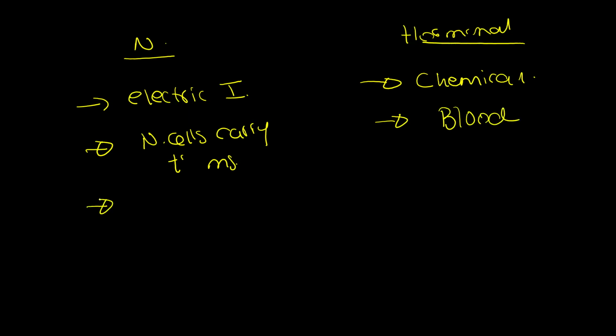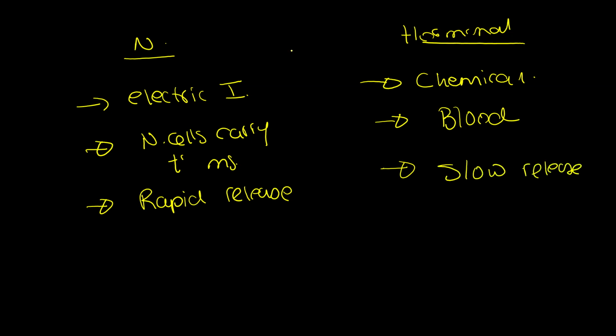That's so easy. Now, which system leads to a very rapid release? Nervous. Rapid release of impulse. In other words, the message is quickly released. And the hormonal system, what do you think? Rapid release or slow release? Slow release. Now, if you want to understand more, think of the growth hormone.